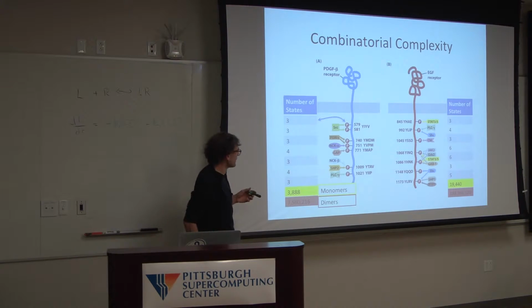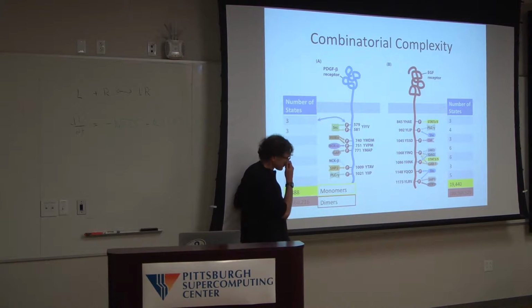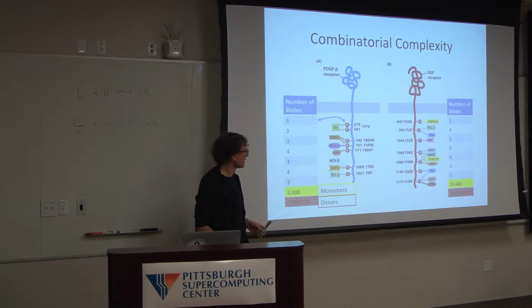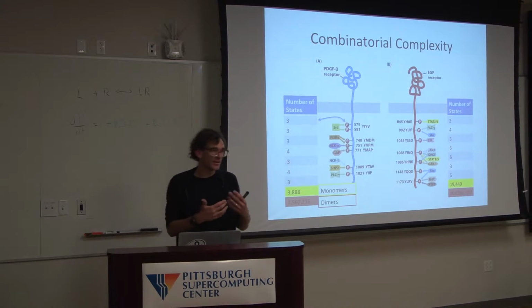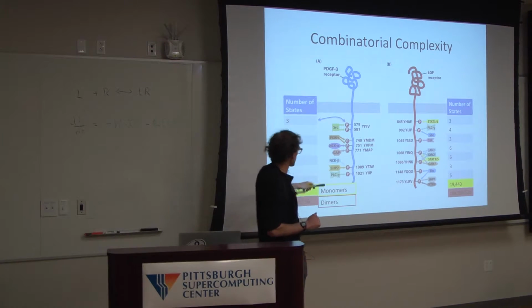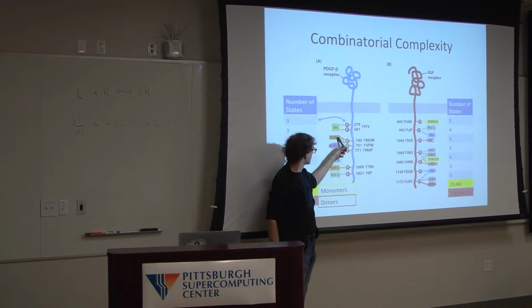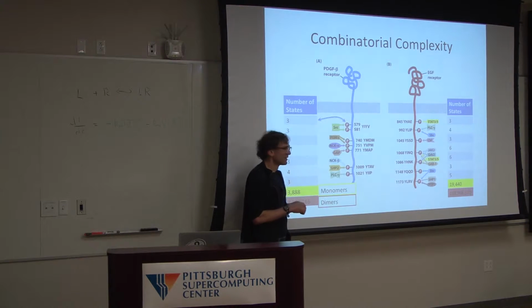So some people believe that, in fact, this is obviously maybe an upper limit. In the case of a dimer, there might be 8 million possible dimeric species. You could imagine that different kinds of effects, cooperativity of binding of these proteins at different sites, would limit the number of states that are actually observed. So if, for example, the binding of one protein to a particular phosphorylation site blocks the binding of proteins to nearby sites, that is going to reduce the number of states that are possible in the system.